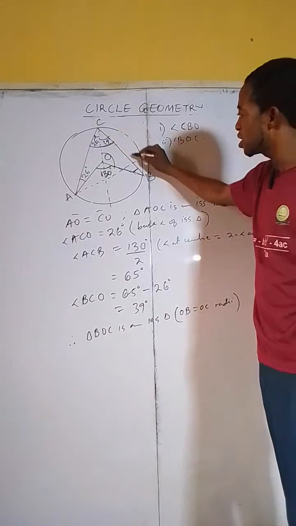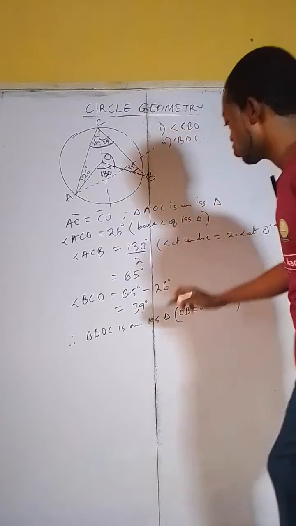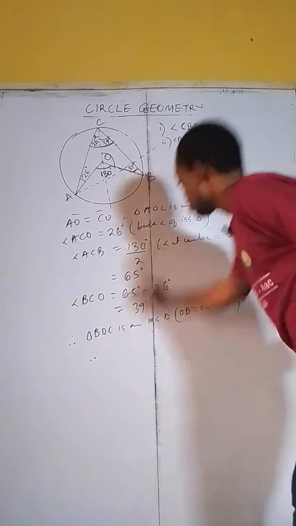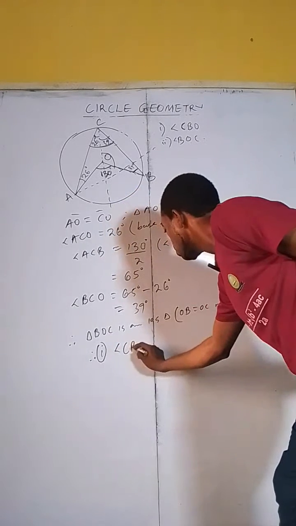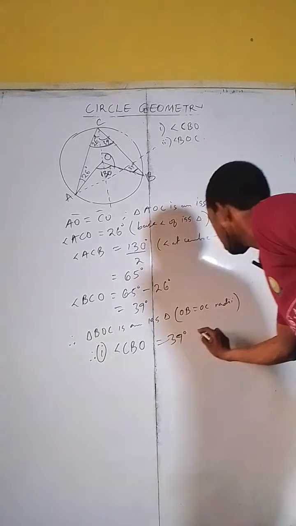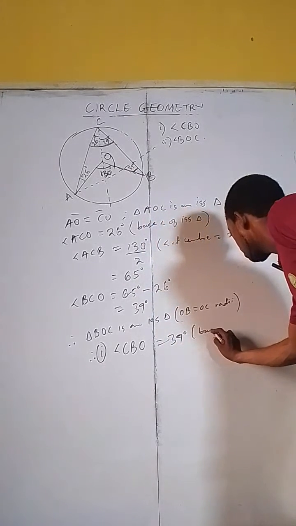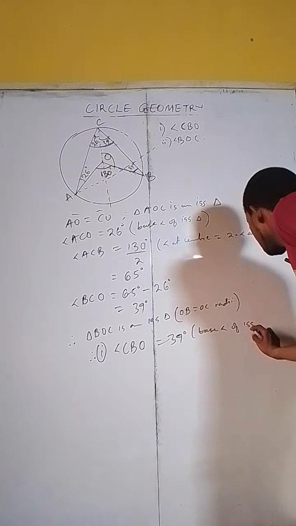So this is 39 degrees. The angle we are finding here now is also 39 degrees. So therefore, the first one, which is angle CBO, will be equal to 39 degrees. That's base angle of an isosceles triangle.